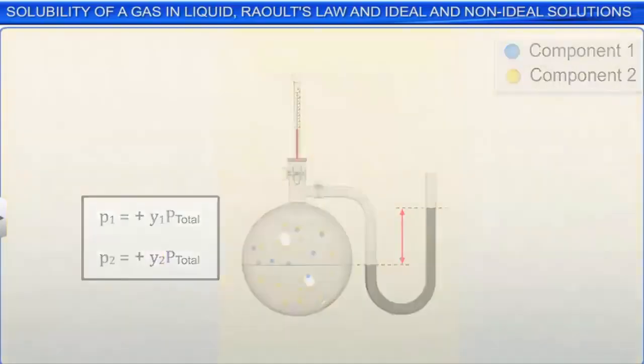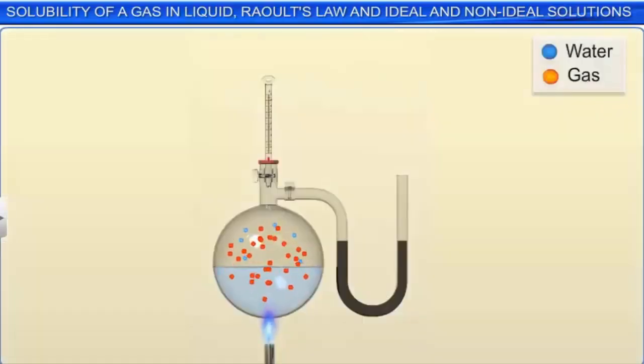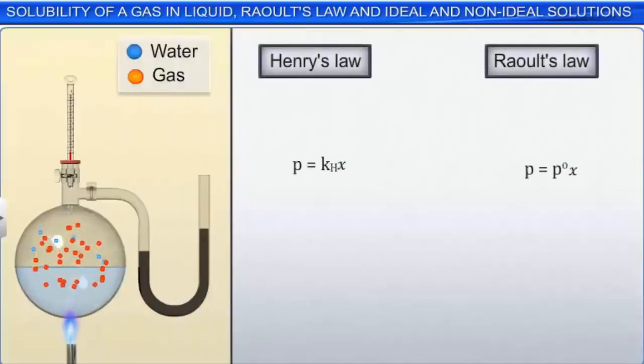It is important to note that the above holds true only if the two components in the binary solution are volatile and are completely miscible with each other. Now, if one of the components in the binary solution is highly volatile, such that it exists as a gas, then, as you know, its solubility is given by Henry's law, P is equal to KH x.